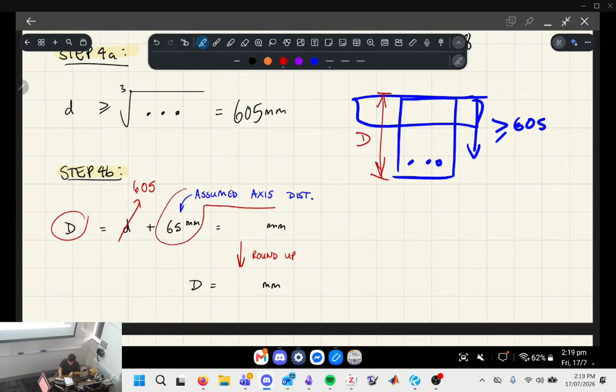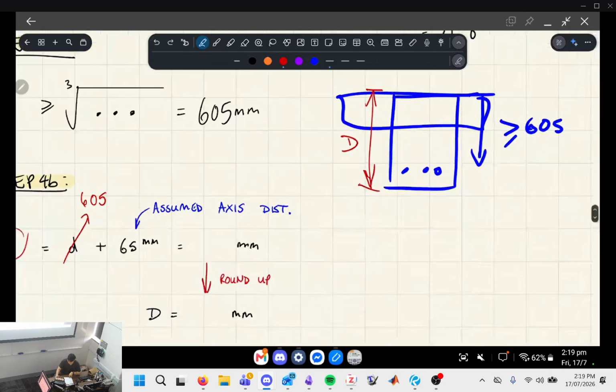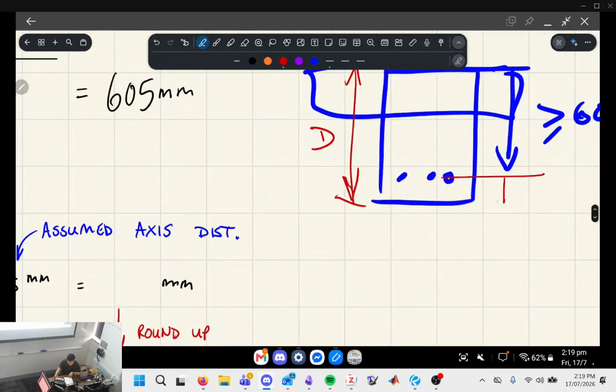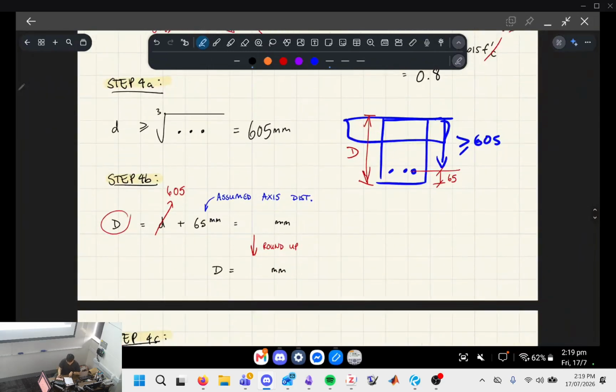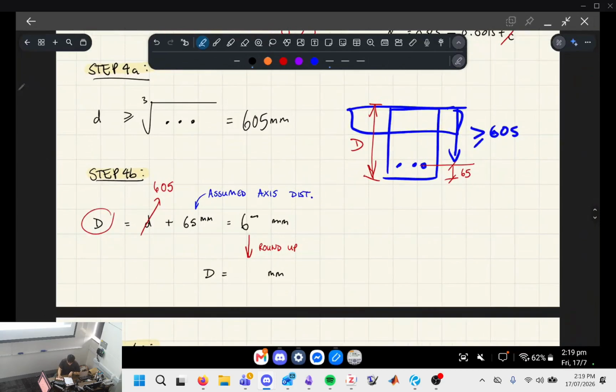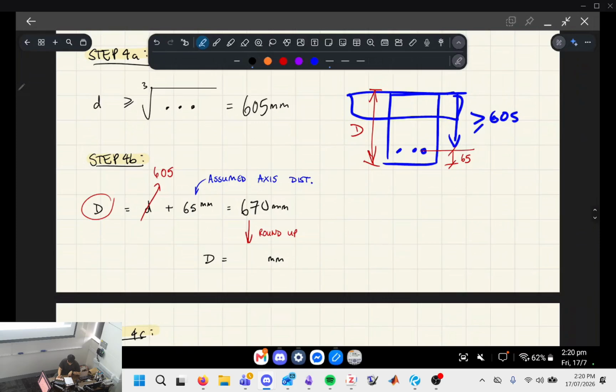We're going to have an assumed axis distance of 65. That's saying that the cover to the middle of the bar is going to be assumed to be 65 based on various durability requirements. When we round it up, we want to round the value up to the nearest 50 mil.